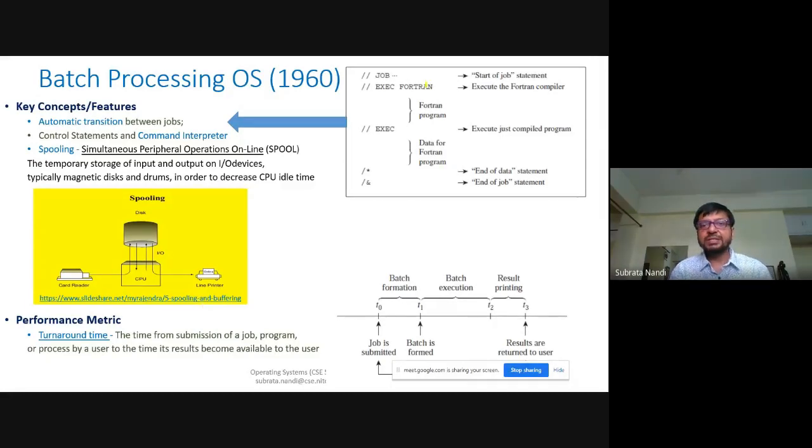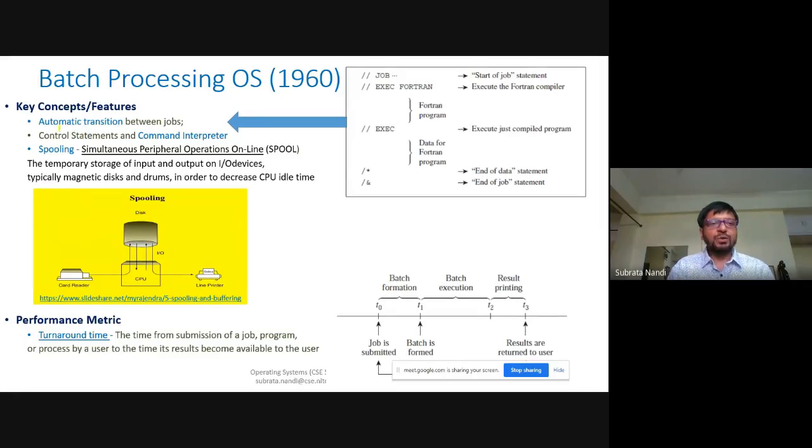Before we do that, this is how the program would have looked: execute the Fortran compiler, then execute the compiled code with the data, and you could have called the linker also. Each of these instructions needs to be punched in a punch card, and there can be multiple such cards containing the code.